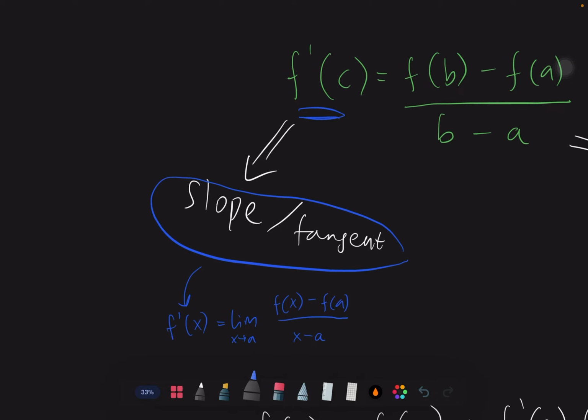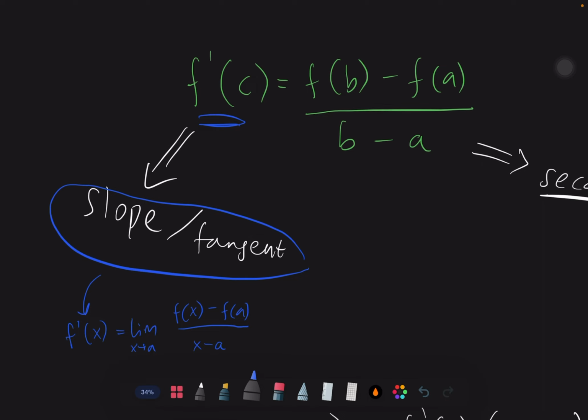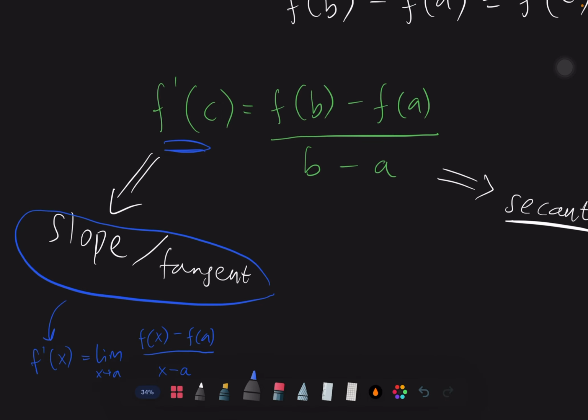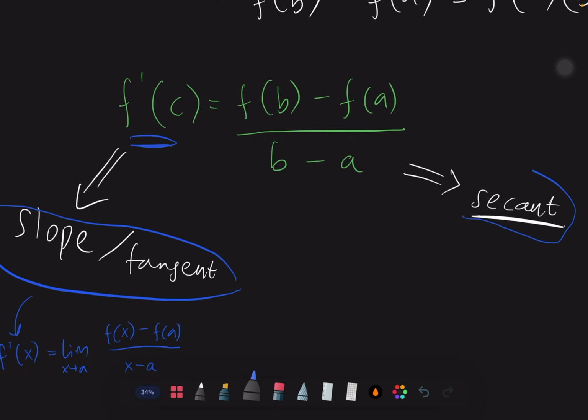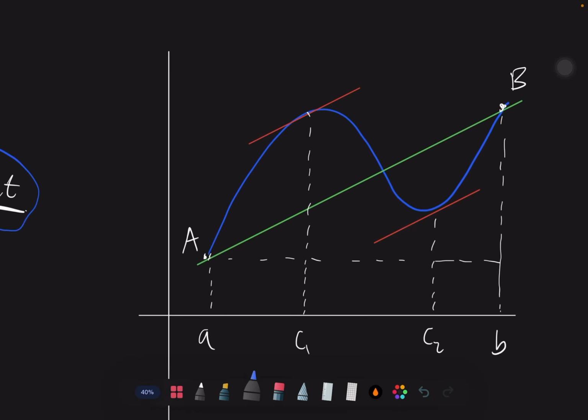If you see clearly, it certainly has the same value as the secant, which means the secant is the one that is cutting the curve from the first endpoint a to the final endpoint b.